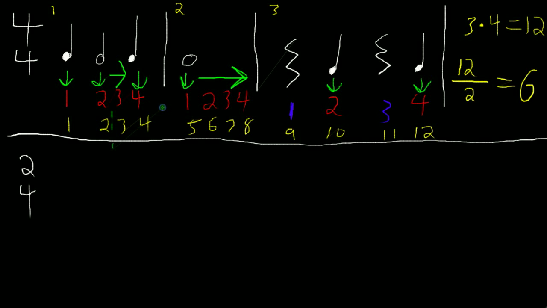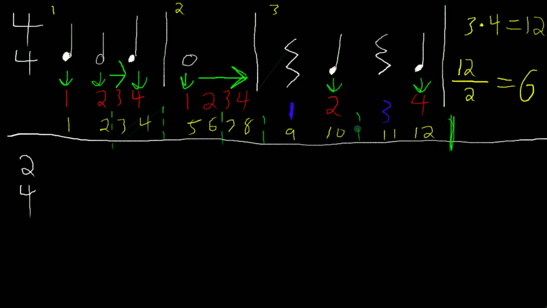But let's keep going. 1, 2, there's a measure. 3, 4, there's another measure. 5, 6, there's another. 7, 8, another measure. 9, 10, another. And our last measure is 11 and 12.